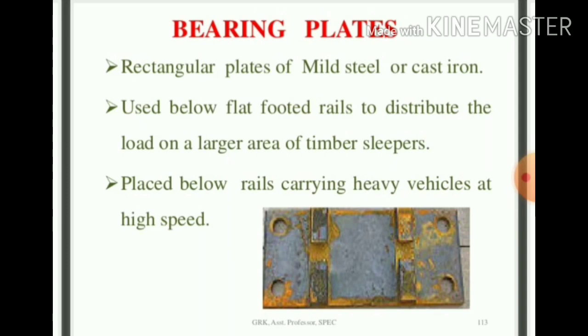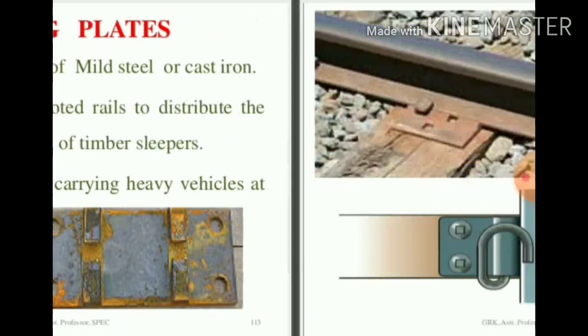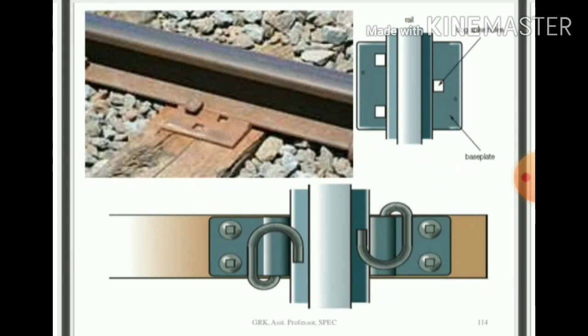You can see the bearing plates used below flat footed rails to distribute load on a larger area of timber sleeper, placed below rails carrying heavy vehicles at high speed. You can see in this figure, just in between the rail and sleeper a small plate has been provided. That plate is called a bearing plate here.